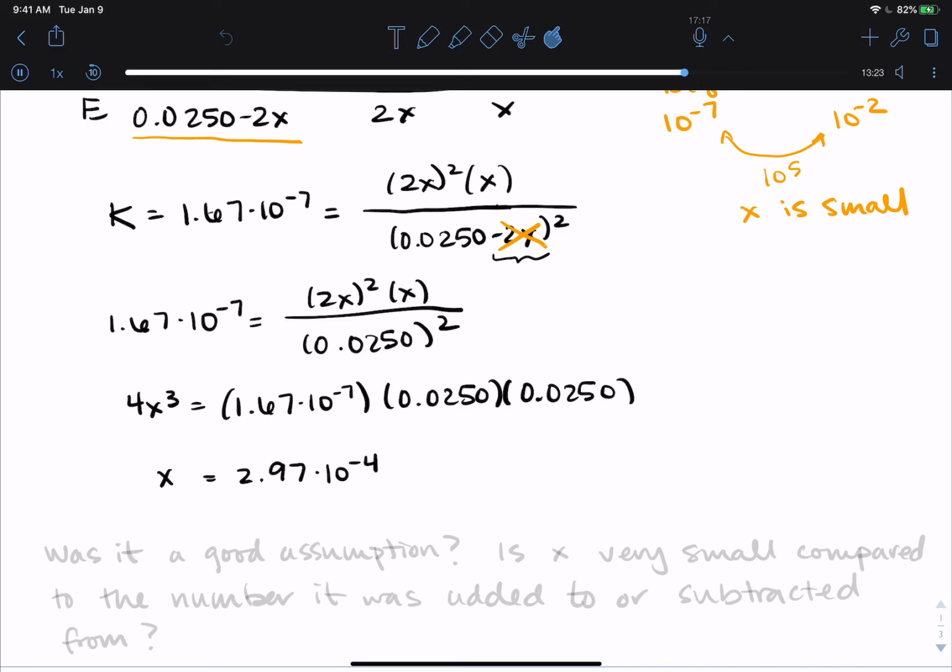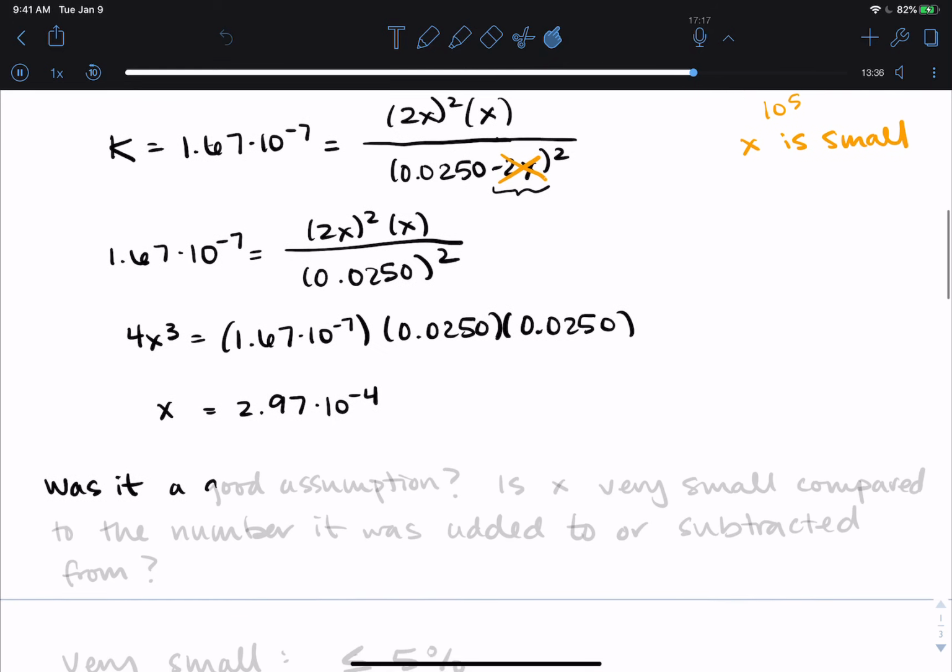So we did get a really small number. First of all, that's a good thing. We have to test this to see if it was a good assumption. So was it a good assumption?